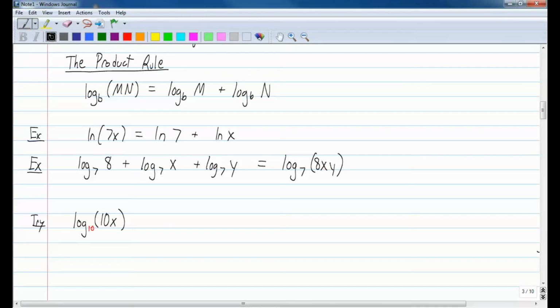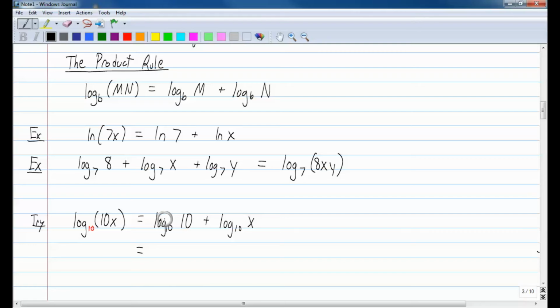Okay, so I'm going to write the base in there, but just know if you're working a problem and there's no base, it's understood to be a 10. So I can rewrite this as log base 10 of 10 plus log base 10 of x.